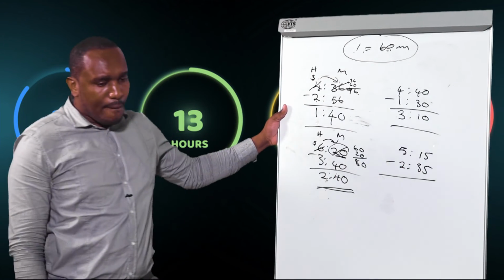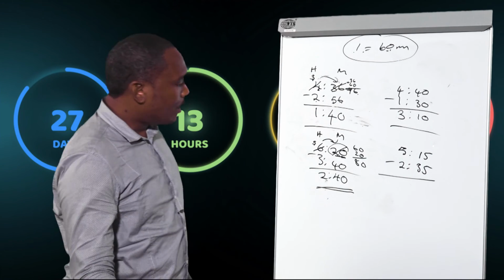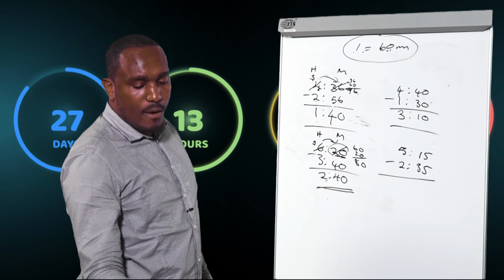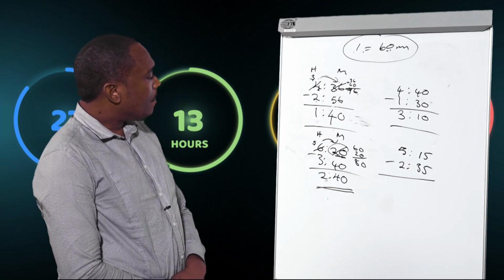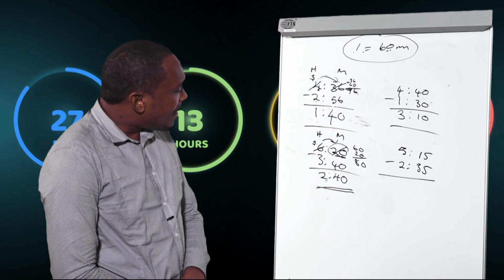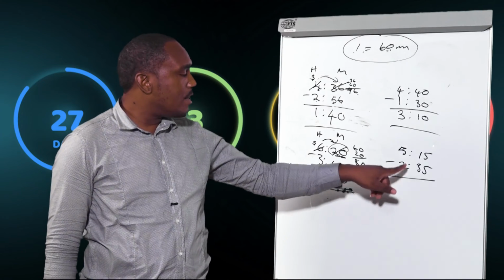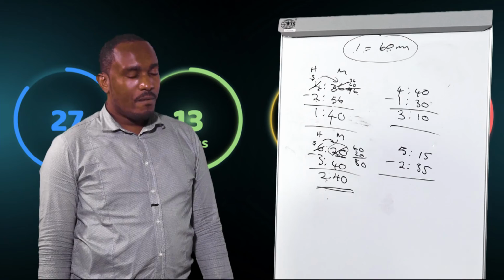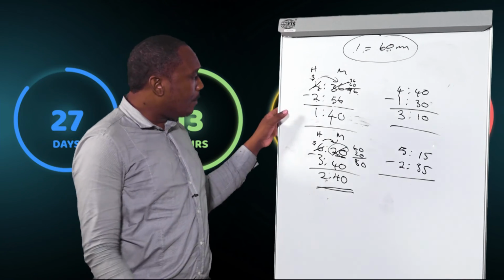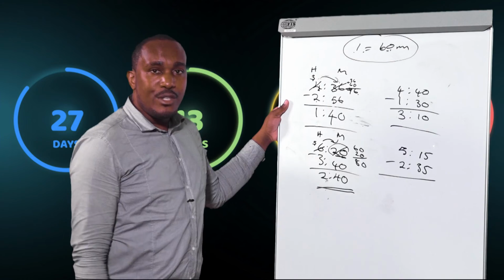You can try it in your practice book. 5 hours, 15 minutes, subtract 2 hours, 35 minutes. For the sake of time, if you found this answer, then you are a super genius.